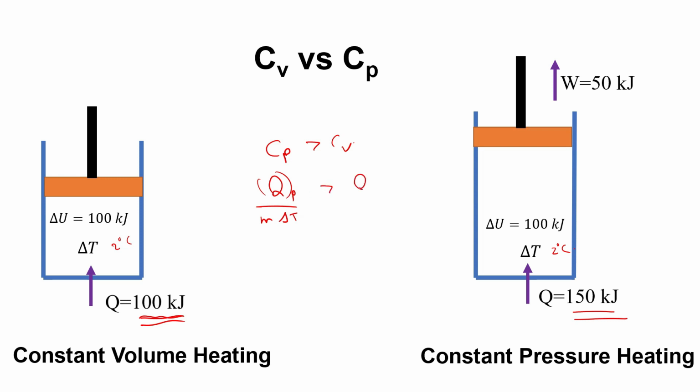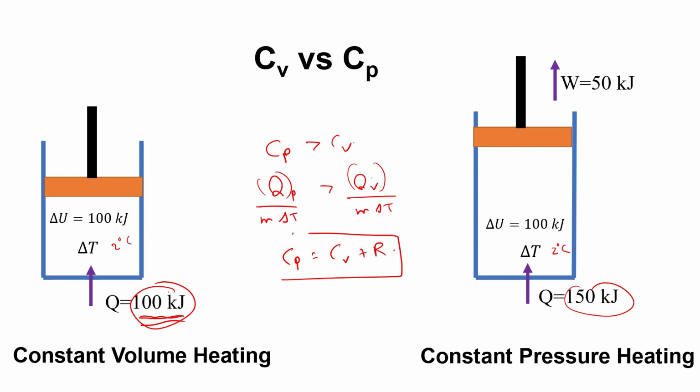This will be greater than QV by m delta T, because you can easily observe that QP is 150 here and QV is only 100. So this is the difference between Cv and Cp. For an ideal gas, Cp is equal to Cv plus R. This is the formula connecting these two.